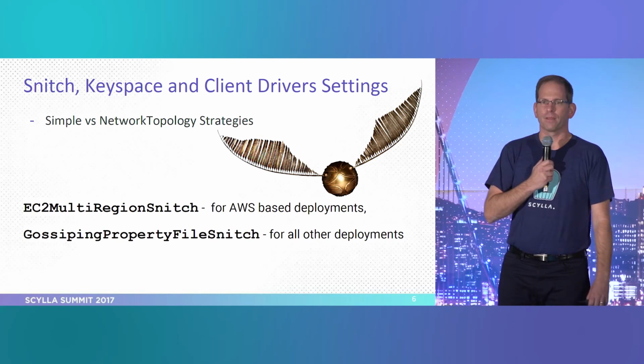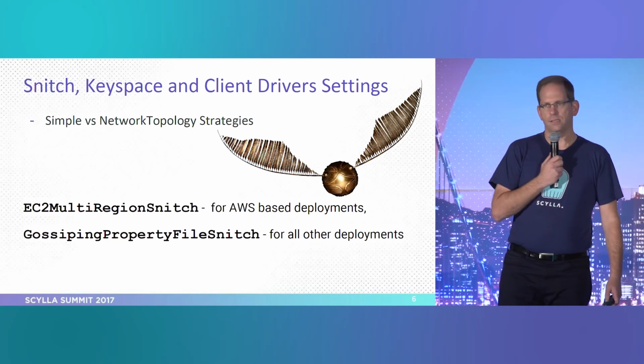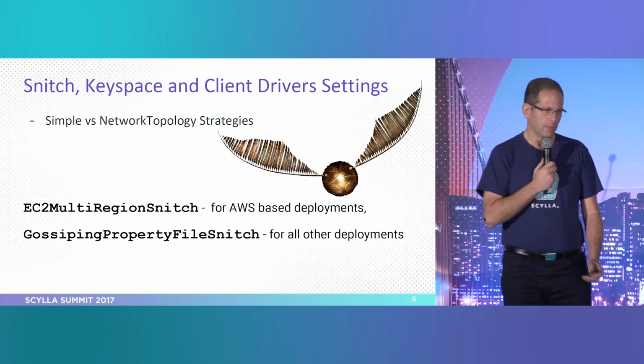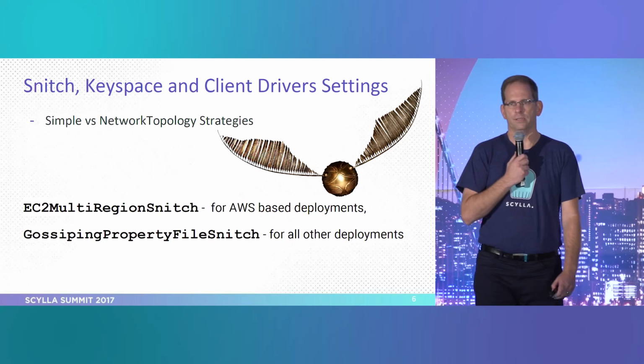Snitches, key spaces, and client driver settings. Time after time, we go into an engagement, we talk with customers, and we find out that most of them will start in a POC mode. POC mode, let me have 3 nodes, start everything fast, quick and dirty. What they forget to set up in many cases is the snitches correctly. So they end up with a simple snitch in their data center.